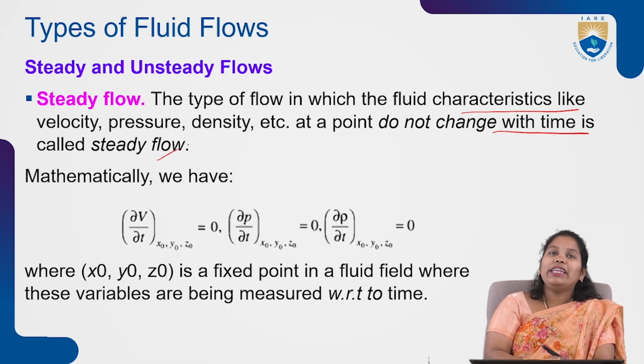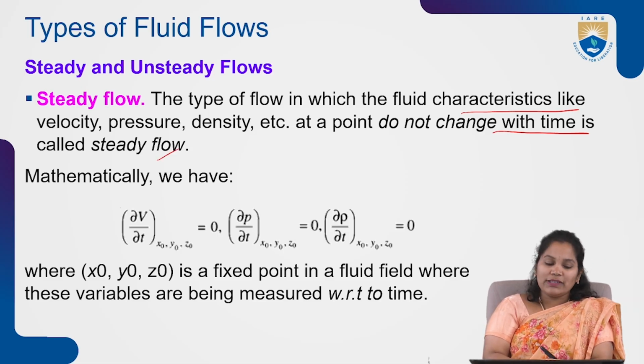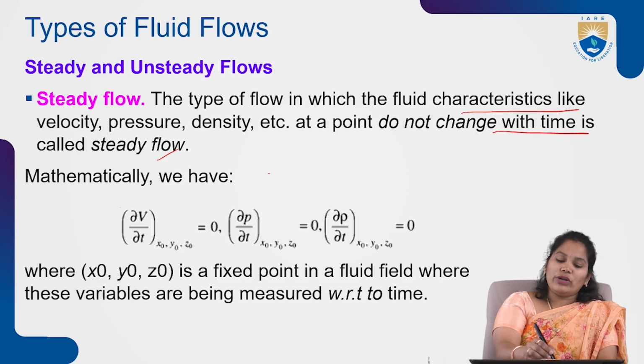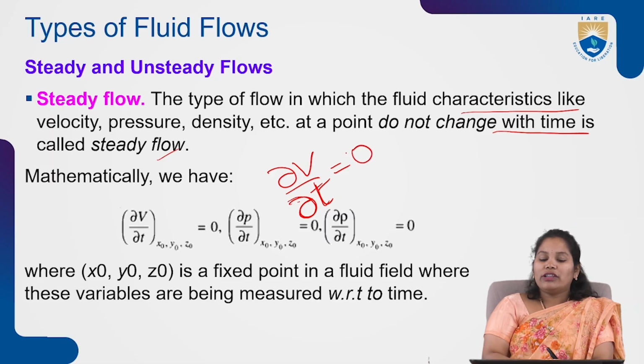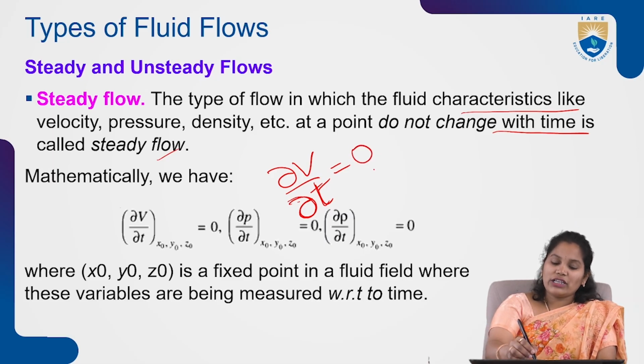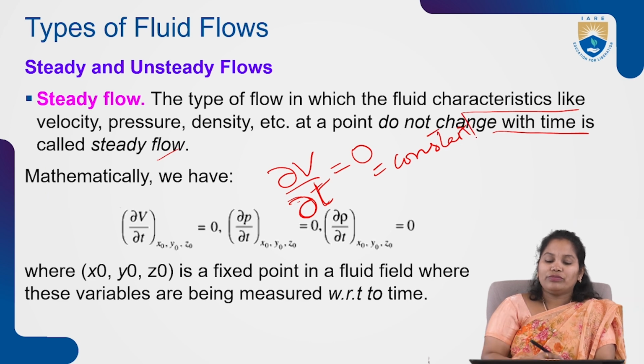The mathematical equation for the steady flow is dou v by dou t, the change in velocity with respect to time, is not changing. That is constant, that is nothing but zero, right?